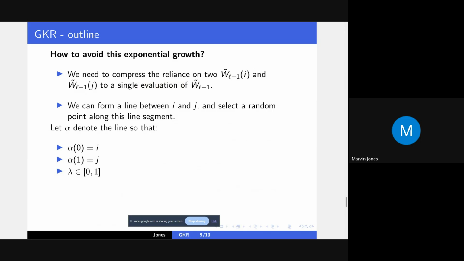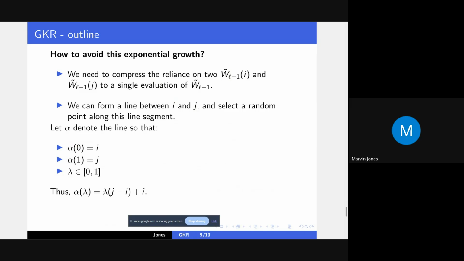And we do that. There's actually a couple of ways, but the easiest way, in my opinion, is just make a line between the values I and j that you're working with. And you select a random point along this line segment. You go, okay, alpha at 0 is going to start at I, alpha at 1 is going to end at j. Pick some lambda between, and we have a nice line.